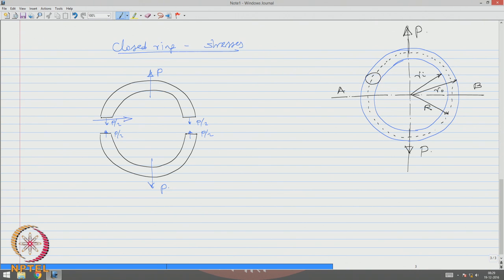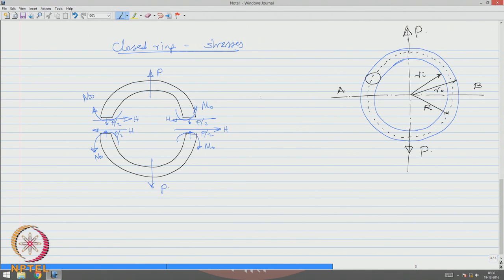In addition, there will be H acting and they are again in equilibrium. In addition, there will also be a moment which will be acting as shown, which is again in equilibrium at the marked section.